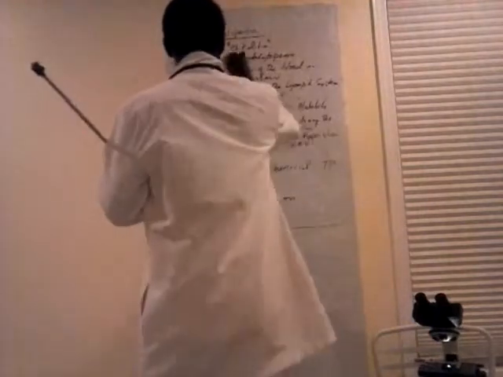Once again, let us briefly review what we have just said. Thrombocytopenia is a reduction in the platelet count, statistically less than 150,000 platelets per microliter of blood.